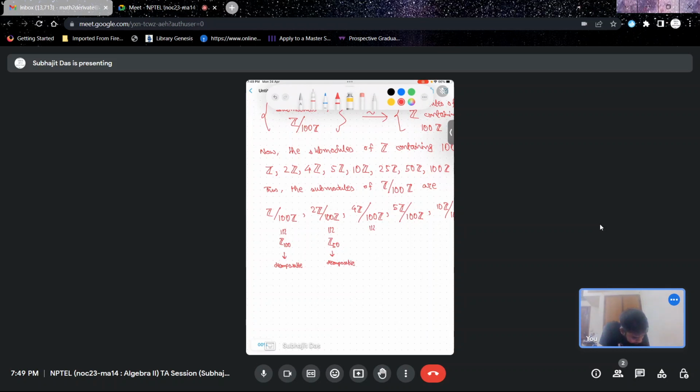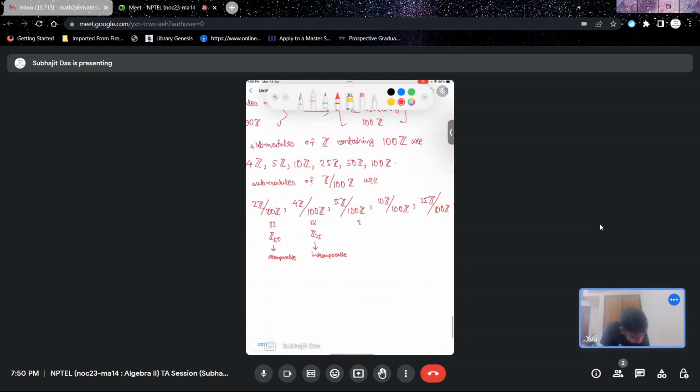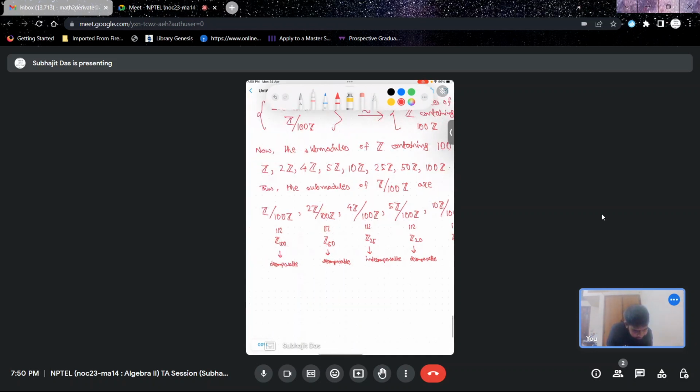This is isomorphic to Z25, which we know is indecomposable. This is isomorphic to Z20, which we again know is decomposable. This is isomorphic to Z10. I hope I am doing it correctly.